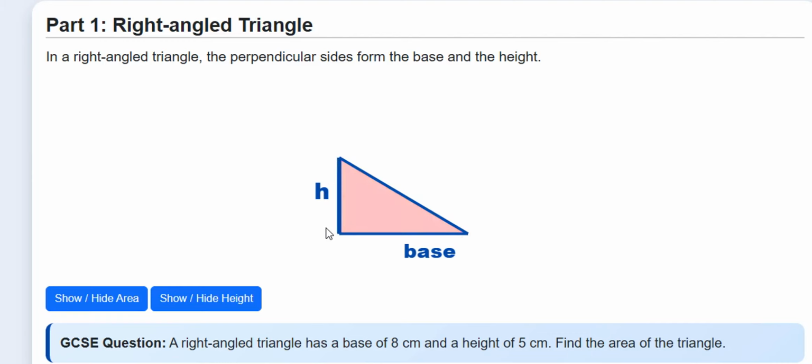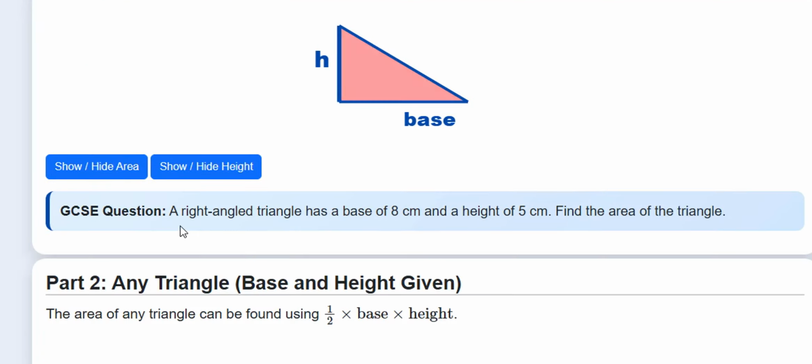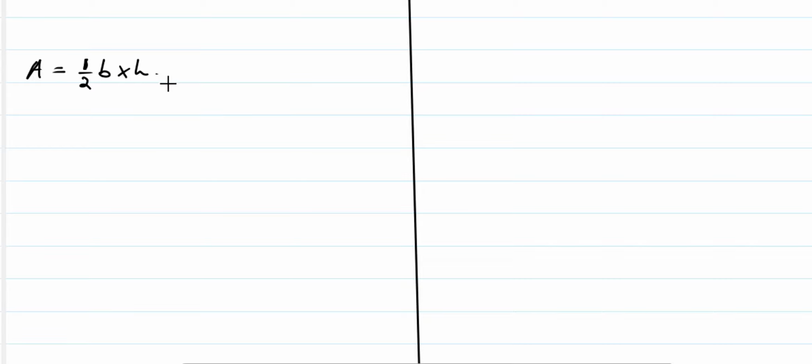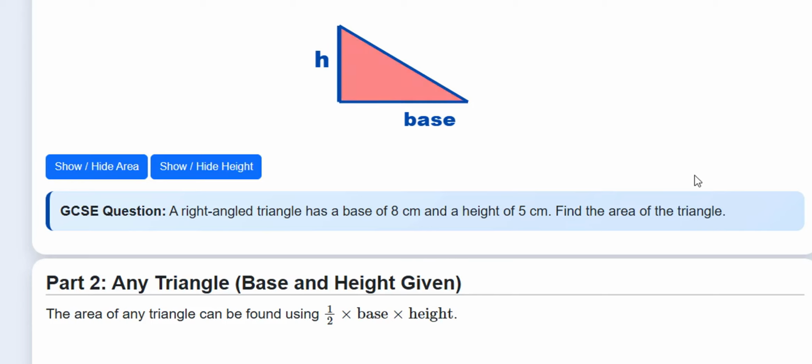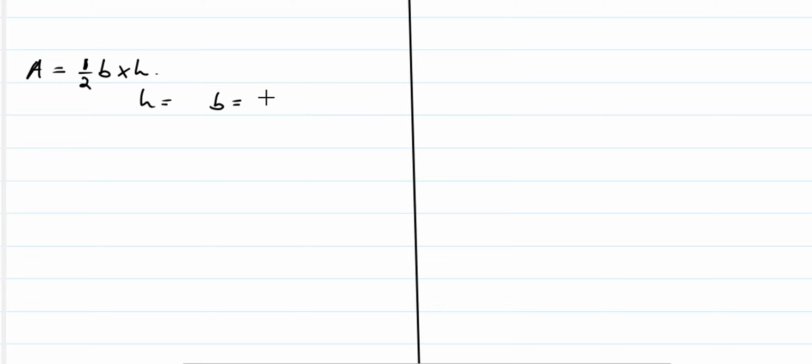So to get the area, for example, in a question like this, where we are told a right-angled triangle has a base of 8 centimeters and height of 5 centimeters, then we are told to find the area of that triangle. So I already know the height and I also know the base from the question: 8 centimeters for base, then 5 for height.